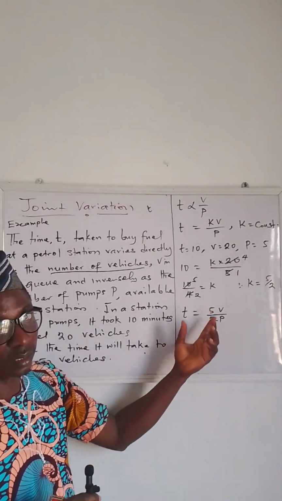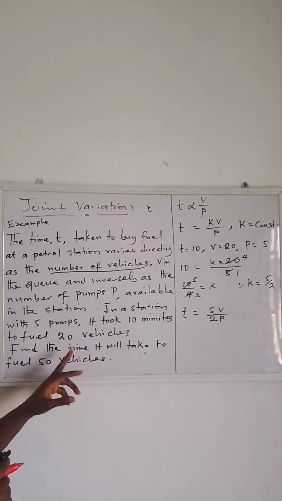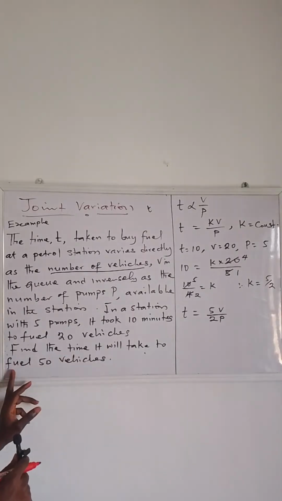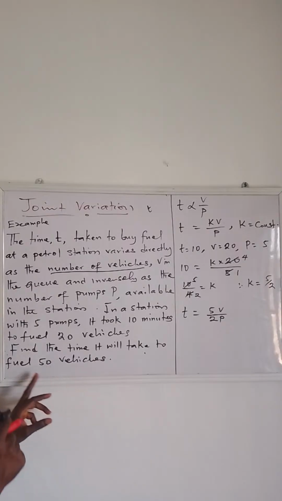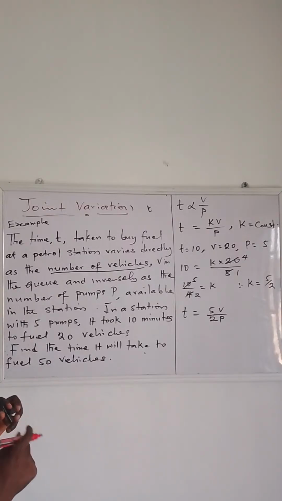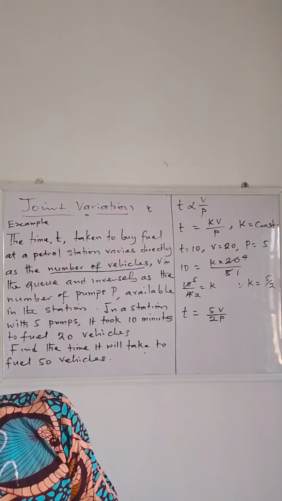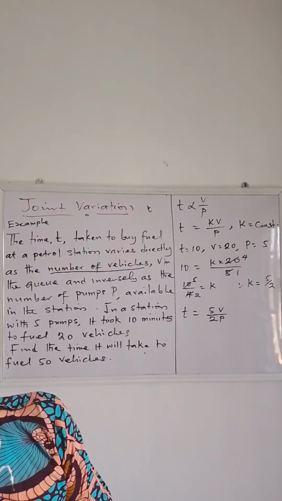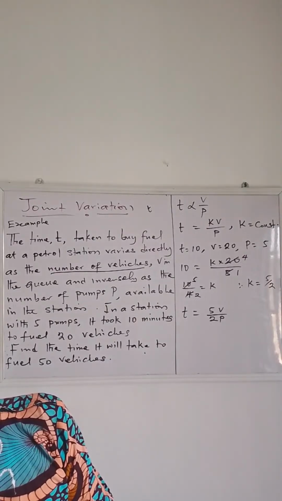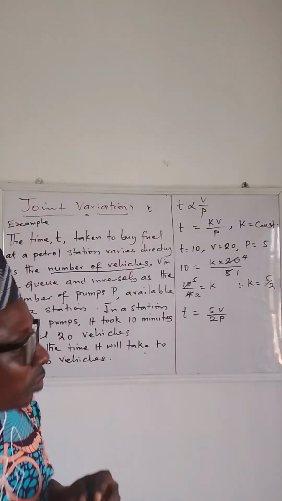This connects T, V, and P. Now the question goes further: you have to find the time it will take to fuel 50 vehicles. I think the question is incomplete. Let me look at what we have here. The time it will take to fuel 50 vehicles in a station with 2 pumps.